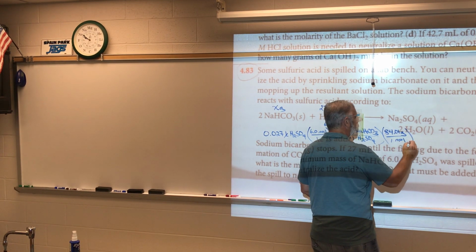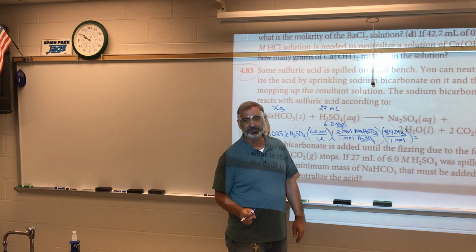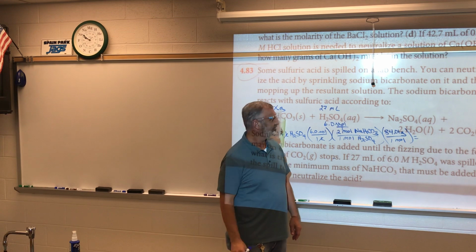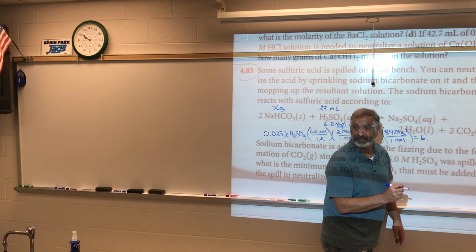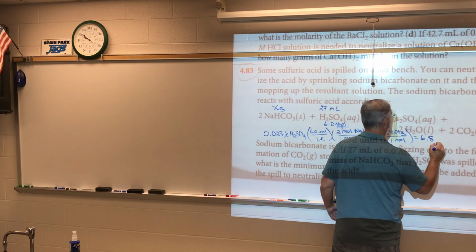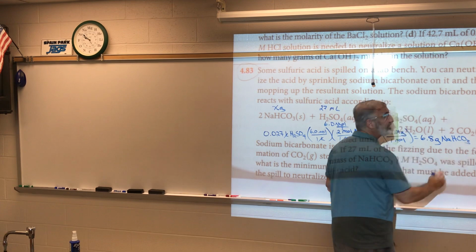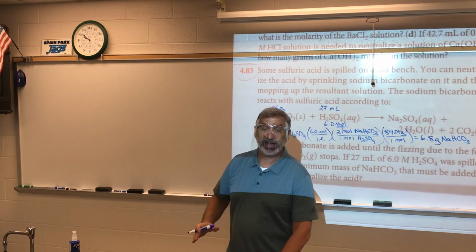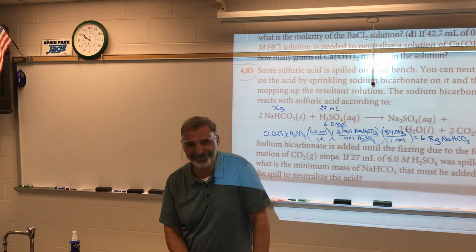In my brain I wrote it. Do we not multiply that out? 6.8 is 6.8. Is that what you're saying? Oh, there's only 2 sig figs because of 27, you're right. Let's try that again. All that means is that you guys are going to really have to stay alert because I'm screwing up all the time and keeping me honest. Yeah, I swear I know how to do all this. I'm just getting messed up.